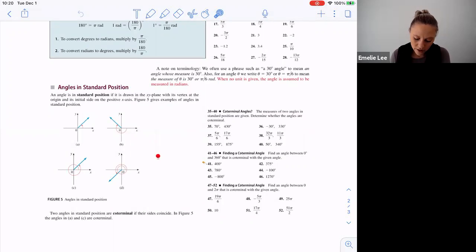There's a note here: when no unit is given, the angle is assumed to be measured in radians. So that's important to remember. We've talked about standard position, even though we weren't talking about angles necessarily.